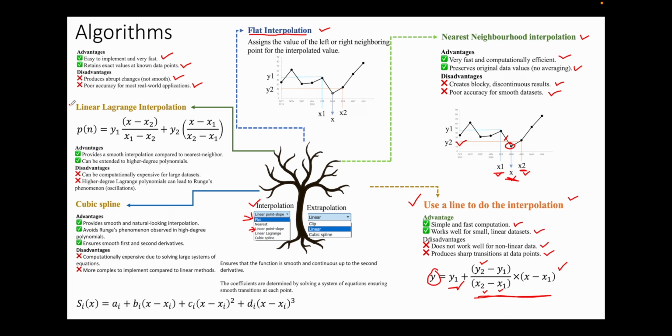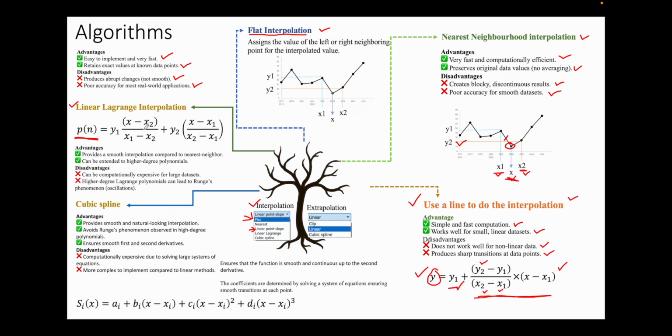And next is linear Lagrange interpolation. Here, as you have already used a linear type of equation for determining the points, you will be using a different type of polynomial, which is also called a Lagrange polynomial.